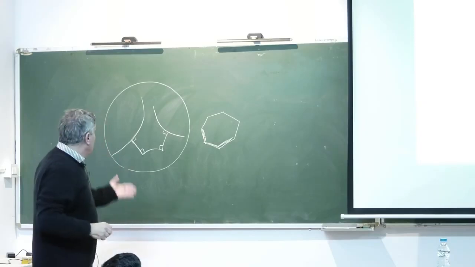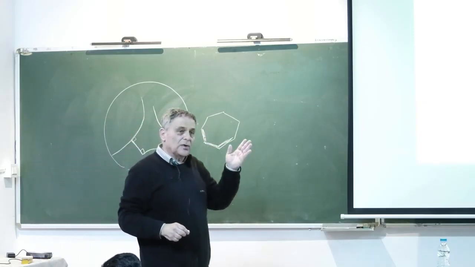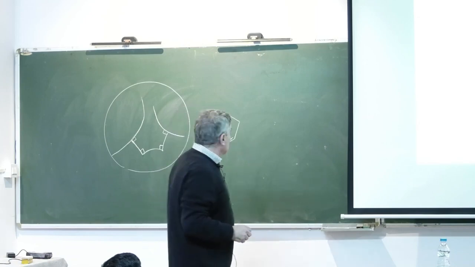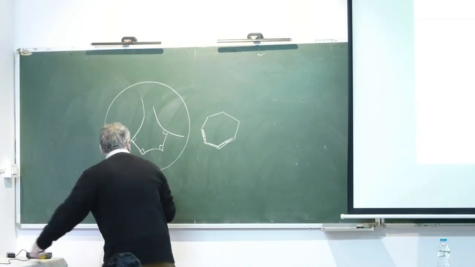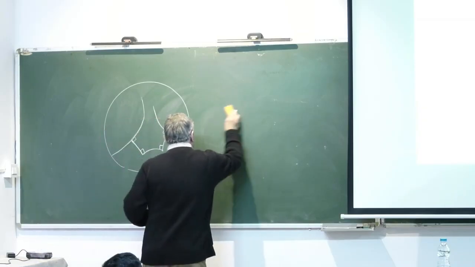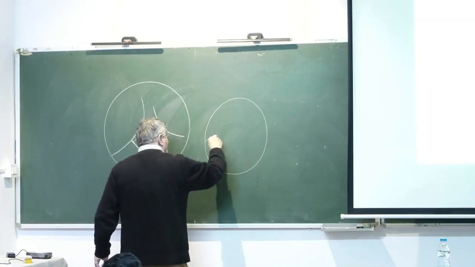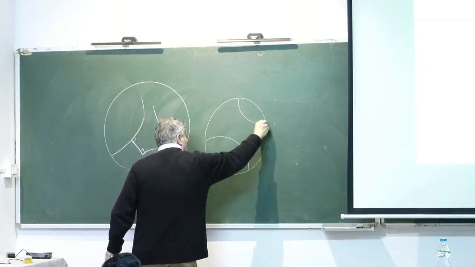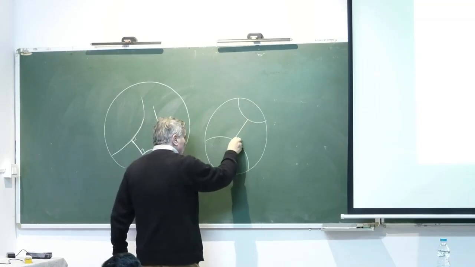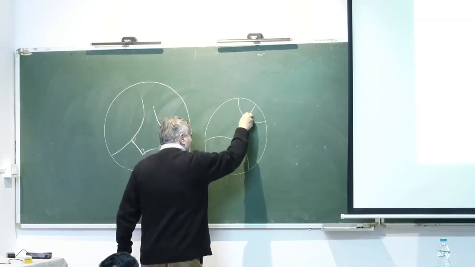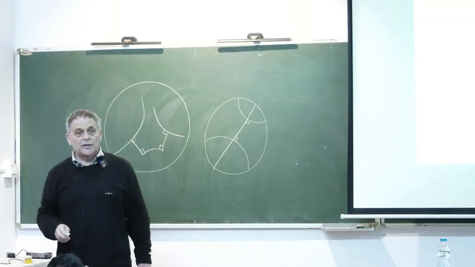And now something which I didn't tell you, but you must know in hyperbolic geometry. When I have two lines, 1 and 2, there's a unique geodesic which is perpendicular to both of them.